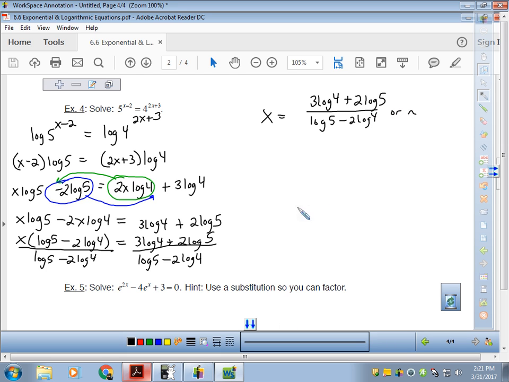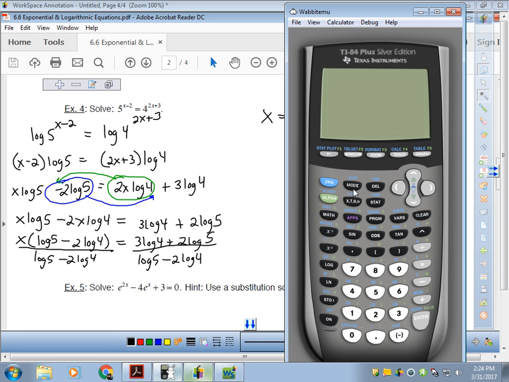But we can also get an approximate, and this is where it gets kind of tough because to do these approximates, you're going to have to use a lot of parentheses. So I'm going to open up parentheses for the top of the fraction. On top I have 3 log of 4, close the log, plus 2 log of 5, close the log, and then close the top of the fraction, divided by, open up a parentheses for the bottom of the fraction, log 5, close the log, minus 2 log 4, close the log, close the bottom of the fraction.